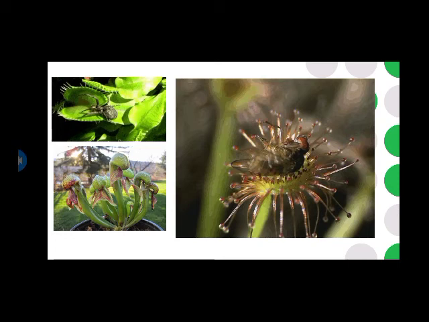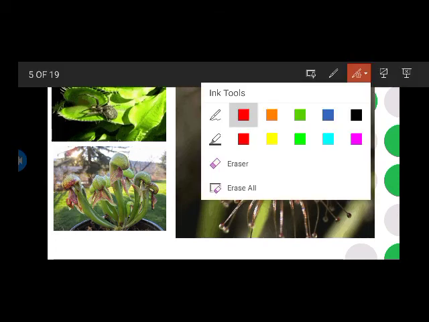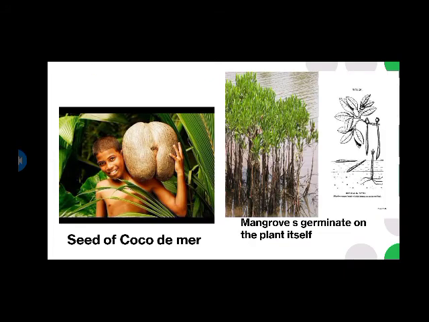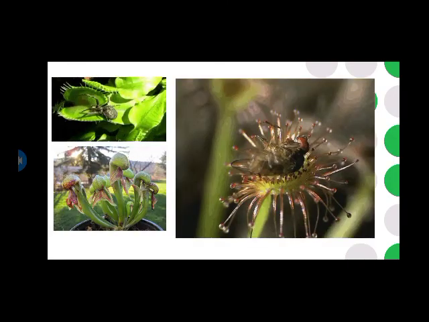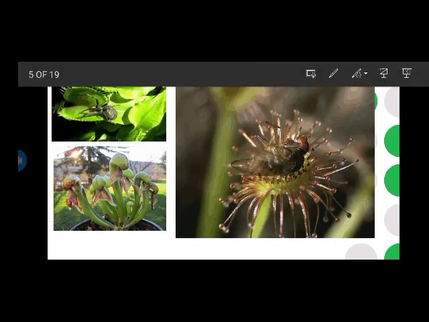What are the examples and the names of the insectivorous plants? Yes, you see here, this is Drosera. This is Drosera plant.